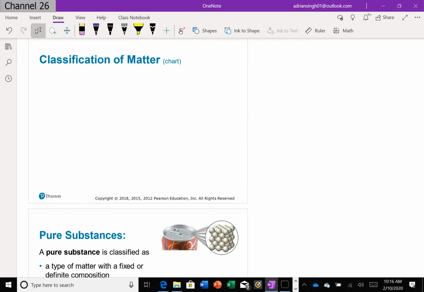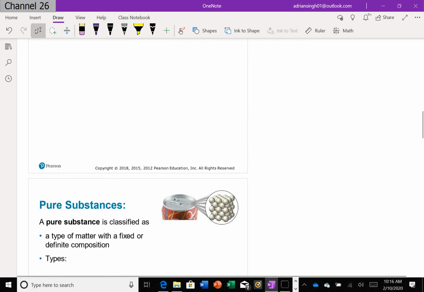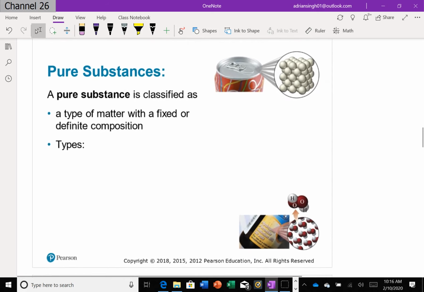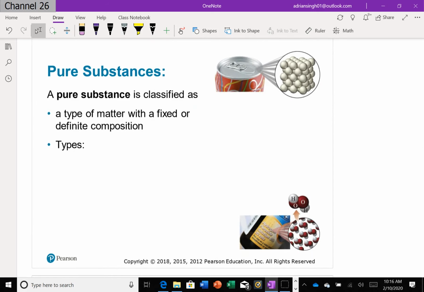Well, a pure substance, first of all, can be described as a type of matter that has a composition, in terms of what it's made up of, that's always fixed, it's unchanging. The term that we give to that is definite. Right? So a pure substance is a type of matter that has a fixed or definite composition.